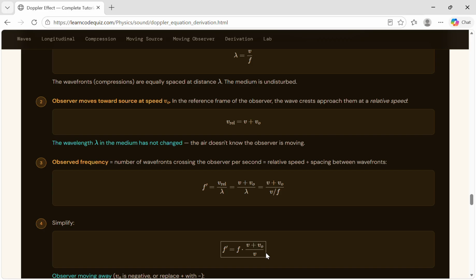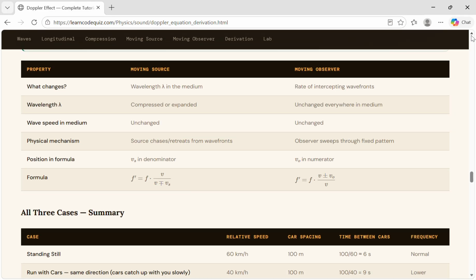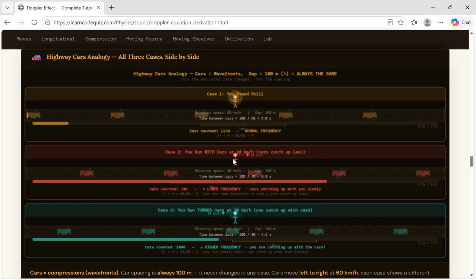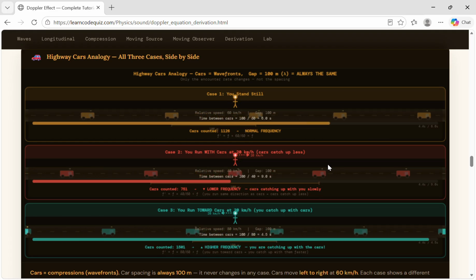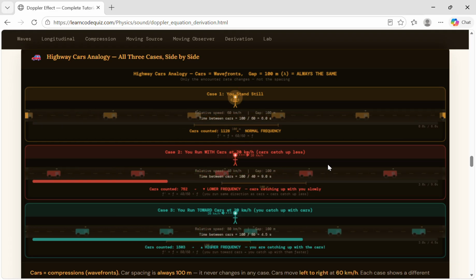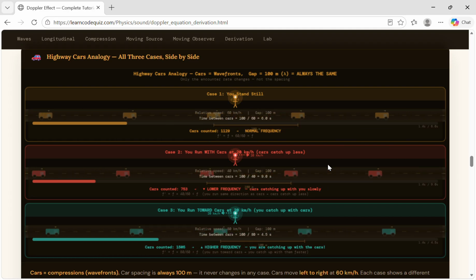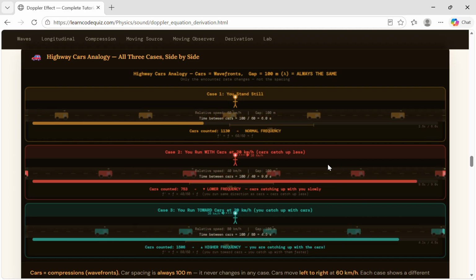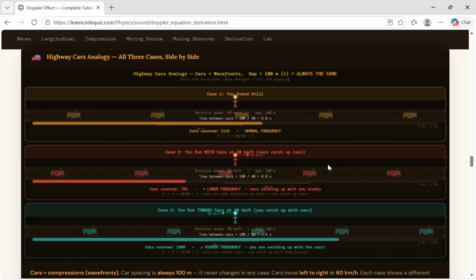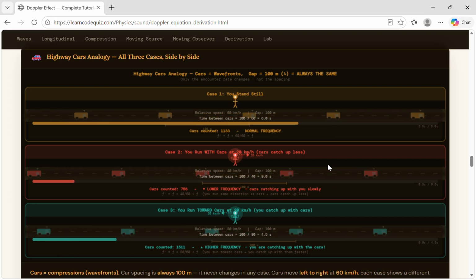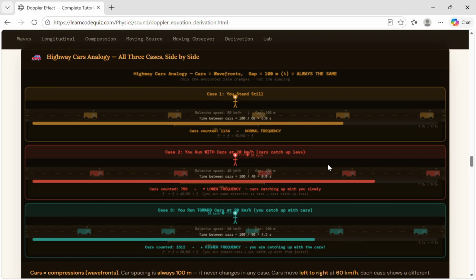Other scenario where the observer is moving away from the source. Same scenario we saw for the cars, right? If we go back a little bit to recall, observer moving away from the source. In that case, it will be V minus V naught, because now cars are chasing you, and you are going to see fewer cars per second, or the time it takes to see a car will be higher.